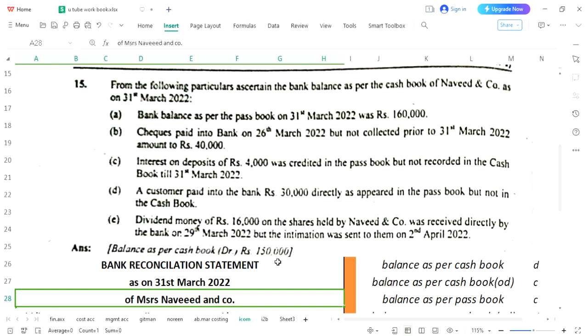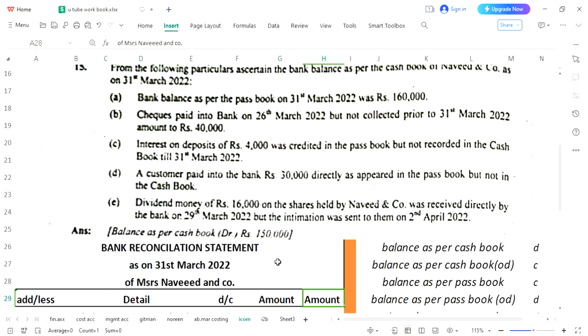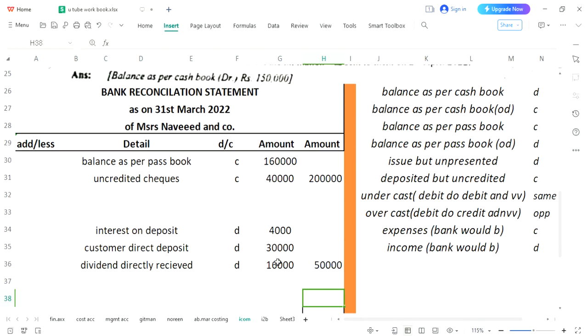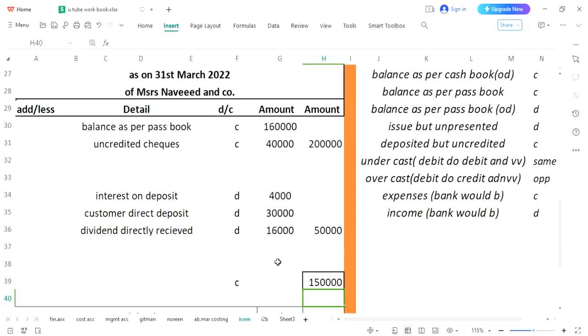So guys, in this way our question number 15 has been completed. Oh, one thing was left, we haven't put the sign over here. In the second line you will write add, no matter whatever the question is, you will follow the same scheme, less.